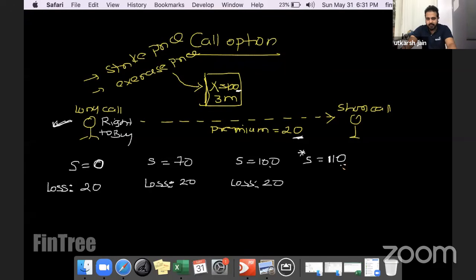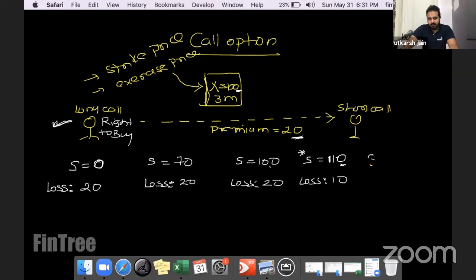So how much payoff are you getting here? You're getting 10 rupees. But how much premium did you pay? 20. So now your loss is 10 rupees. Now, had you not exercised the option, you would have lost the entire 20. So you're exercising not to increase your profits, you're exercising to minimize your losses. That's the thought process here.